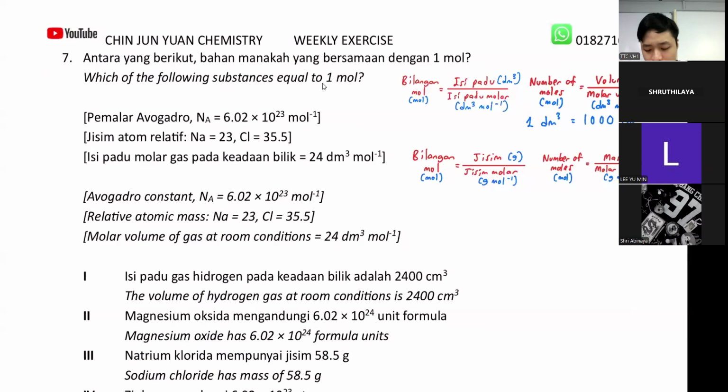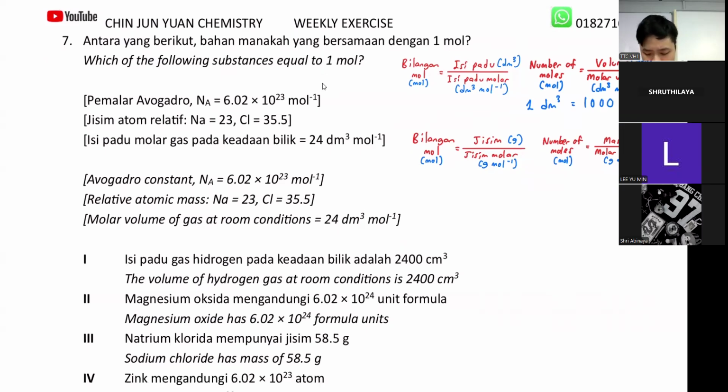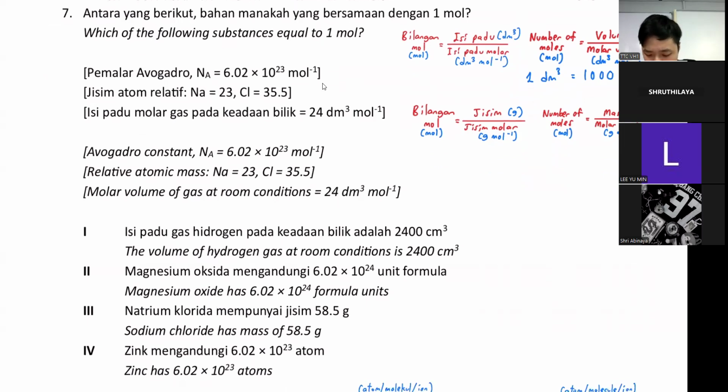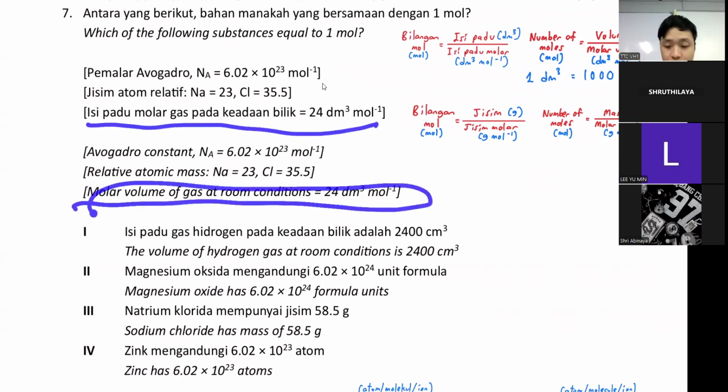And then question 7. Which of the following substances equals 1 mole? First: volume of hydrogen gas at room condition is 2400 cm cube. So they give you the molar volume already, which is 24.